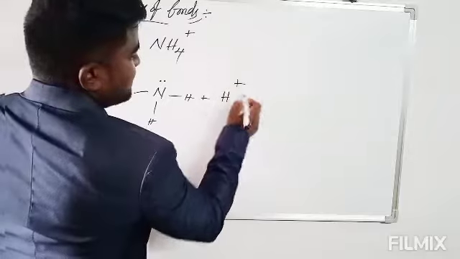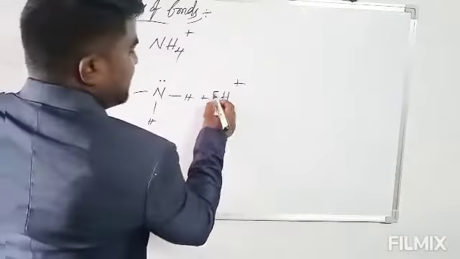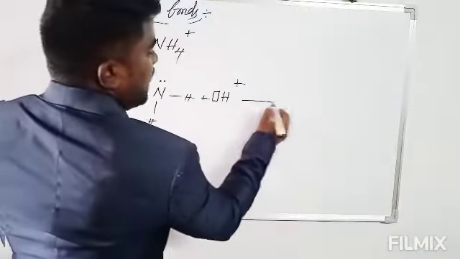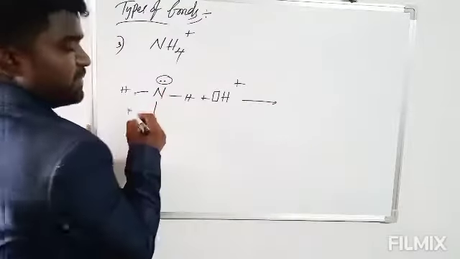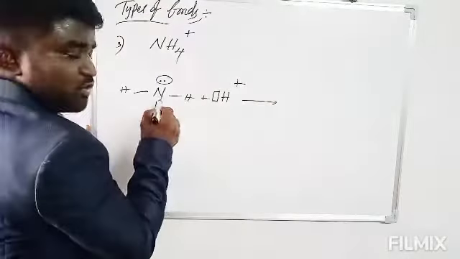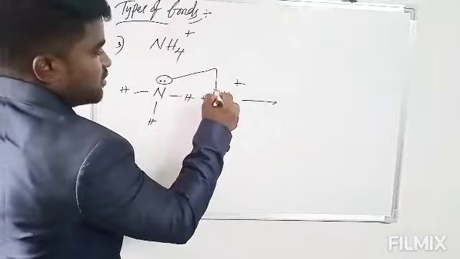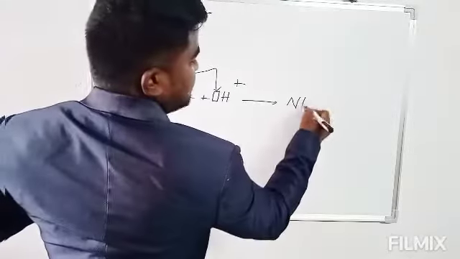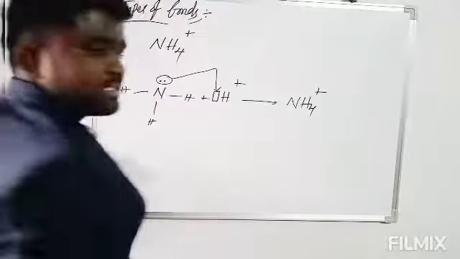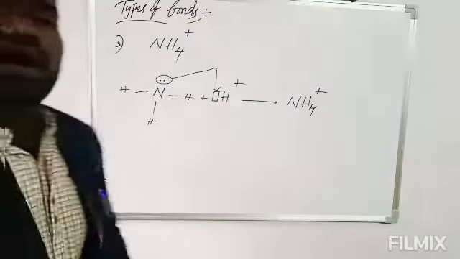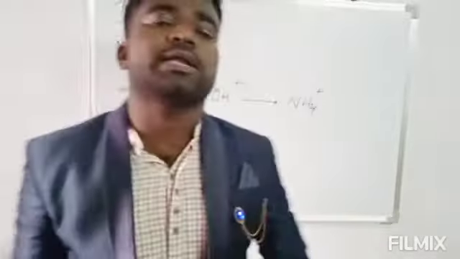H+ means an empty orbital. Now the lone pair is donated by the nitrogen and received by the hydrogen. Finally we get the NH4+ ion. This is the formation of the ammonium ion by a coordinate covalent bond.